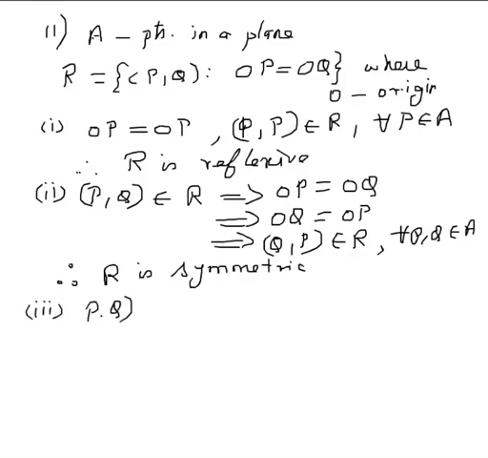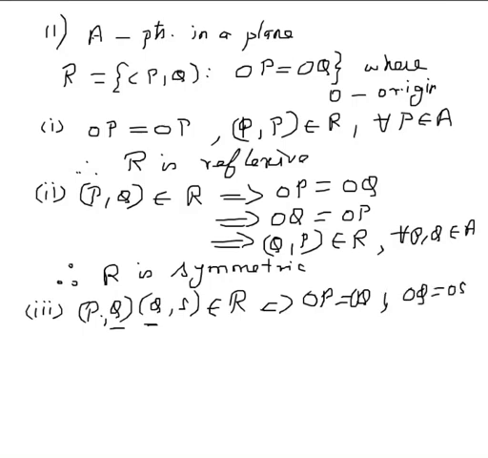Now let us take (P, Q) and (Q, S). These are two elements of R, say. See, Q and Q, common elements I have taken, which means OP and OQ are equal and OQ and OS are equal. So which implies OP equals OS.